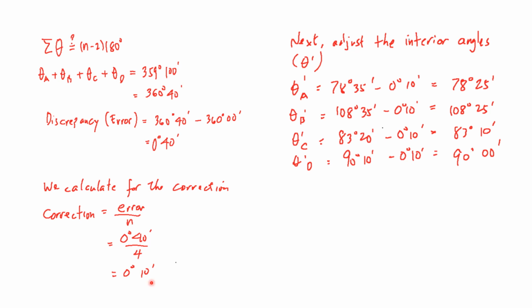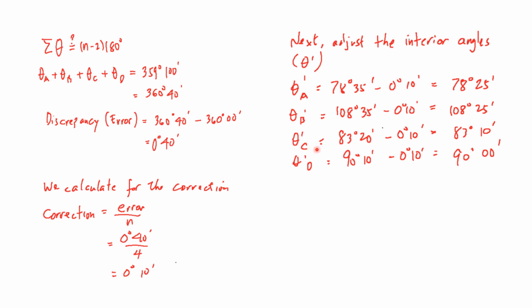For theta A prime, that will be 78 degrees 35 minutes minus 10 minutes, which is 78 degrees 25 minutes. For theta B prime, 108 degrees 35 minutes minus 10 minutes, or 108 degrees 25 minutes.